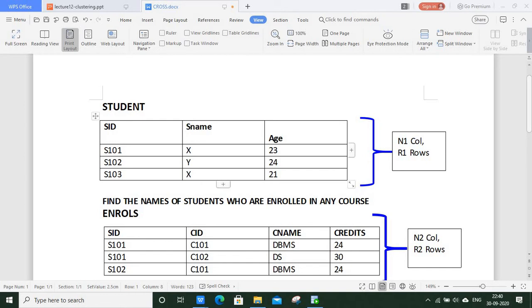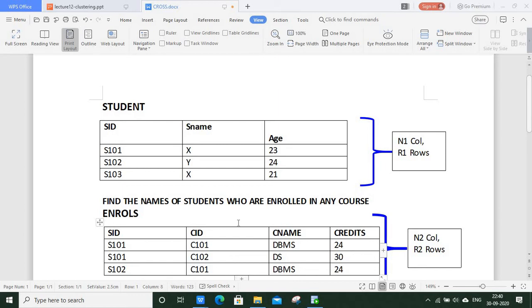The student table has student ID and student name, but there is no information about the courses in which the students are enrolled. Now look at the other table, enrolls. Here we have the information about the courses in which the students are enrolled, but there is no information about the student name.